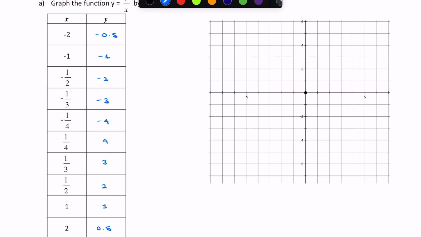Here you notice that there's no 0, because if we subbed x = 0 into the function y = 1/x, we get 1/0, which means it would be undefined.